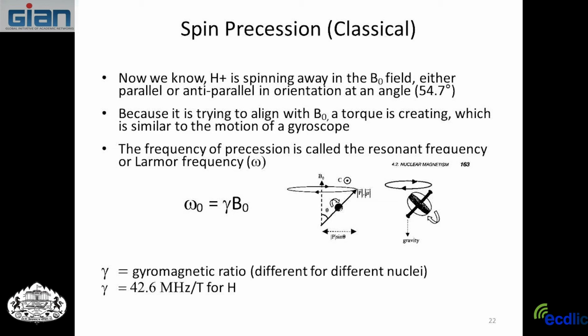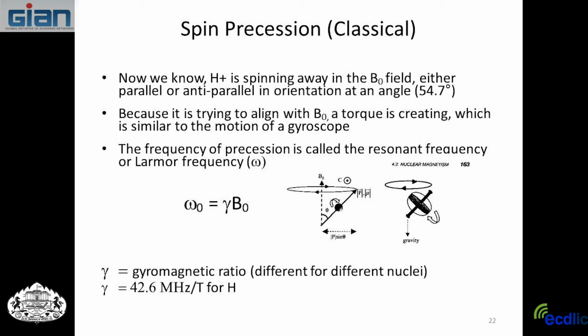So for hydrogen, our gyromagnetic ratio is equal to 42.6 megahertz per Tesla. If you had a nitrogen atom, it might be a different number.